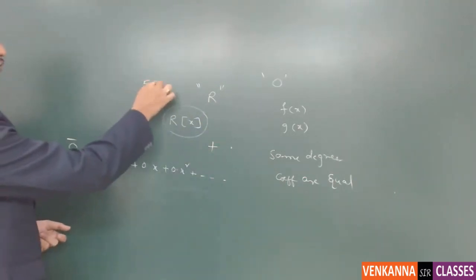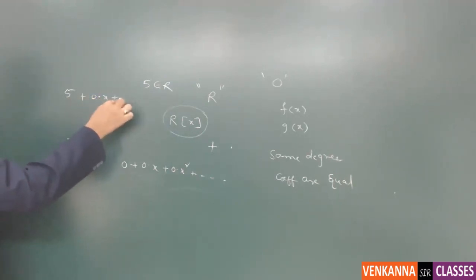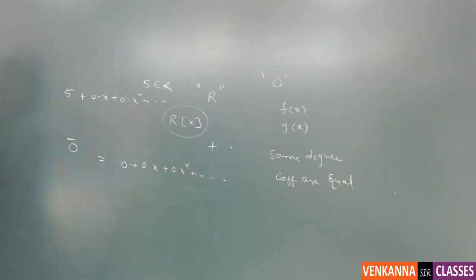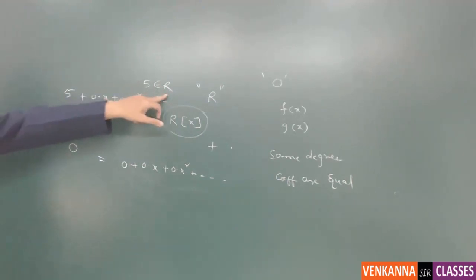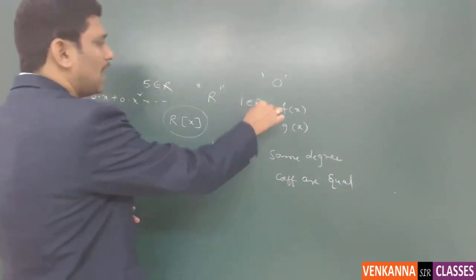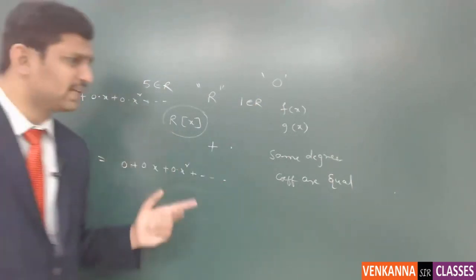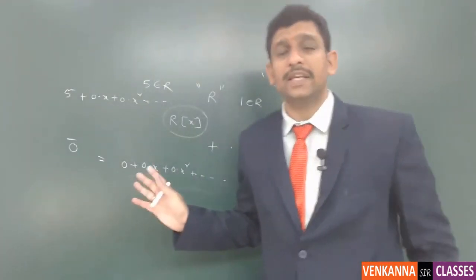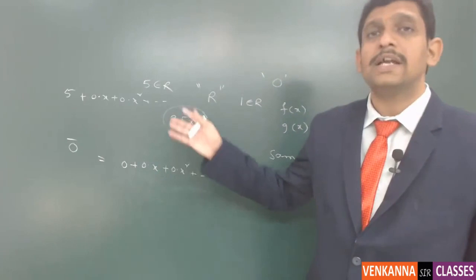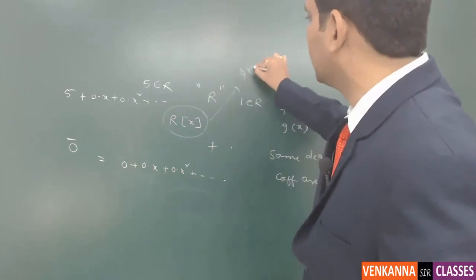Suppose the element 5 belongs to R, then it can be written as 5 plus 0 into x plus 0 into x square plus so on. So every element in R can be treated as a polynomial in R of x. Similarly, the element 1 belonging to R is also a polynomial in R of x. The best advantage here is that R of x is a ring. It is an integral domain, but it is not a field.